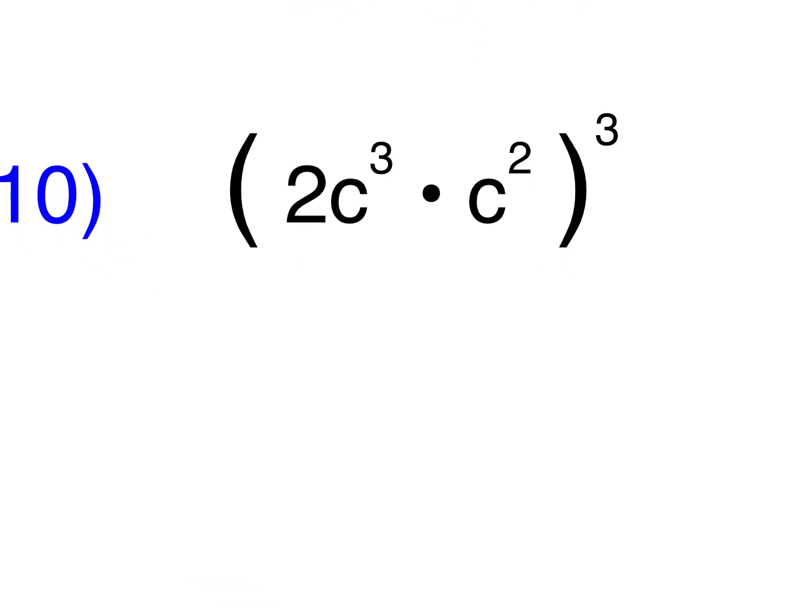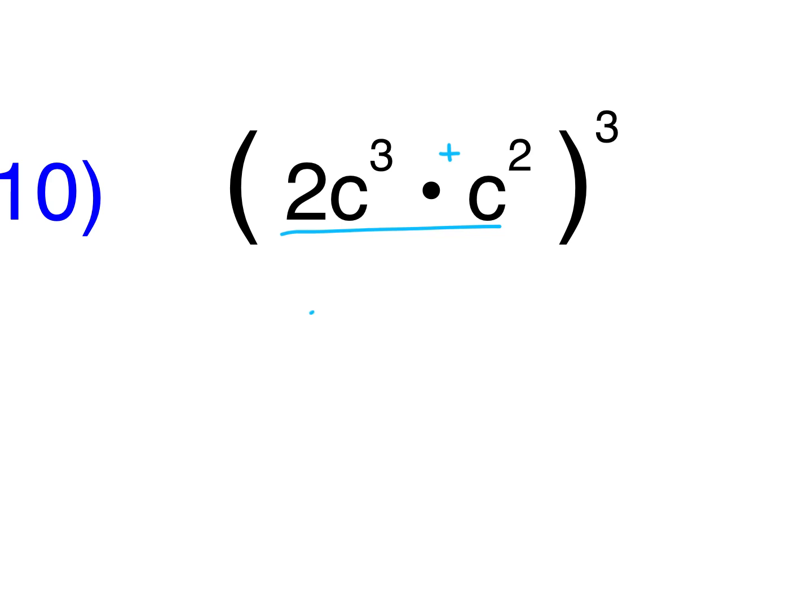All right, for 10, let's combine and simplify the inside first. How would I combine the c's together? When we're multiplying, what do we do to the exponents? Add them. So this would be 2 times c to the 5th power, all to the 3rd power. We want to distribute it first, and then we're going to multiply.